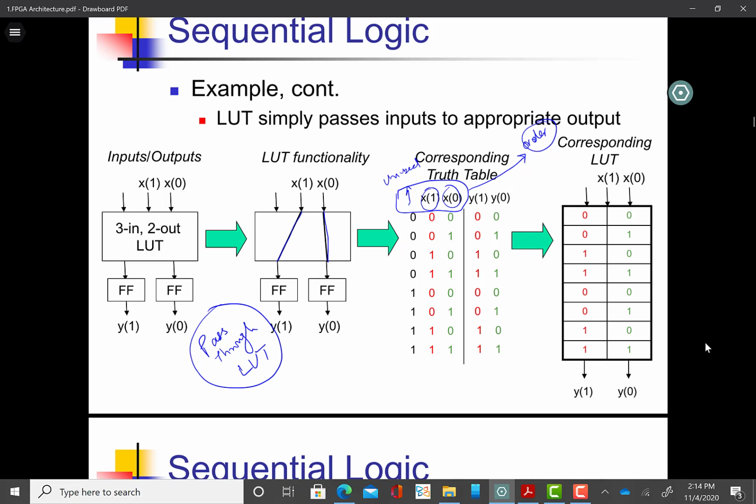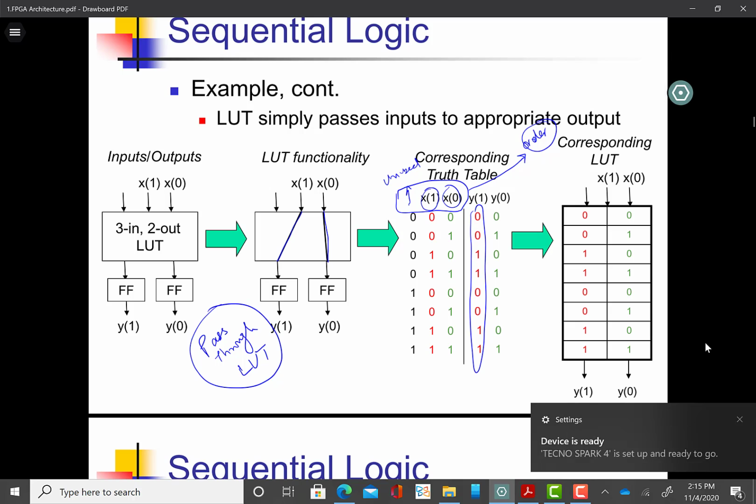If x0 is the most significant bit, it would be different. In this case, x0 is the least significant bit. But I am saying if x0 is on the other side, on the left side, most significant bit, then this functionality at the output would change.